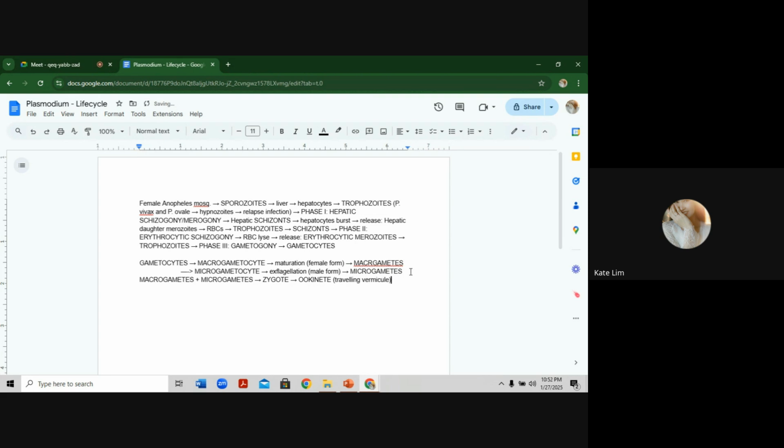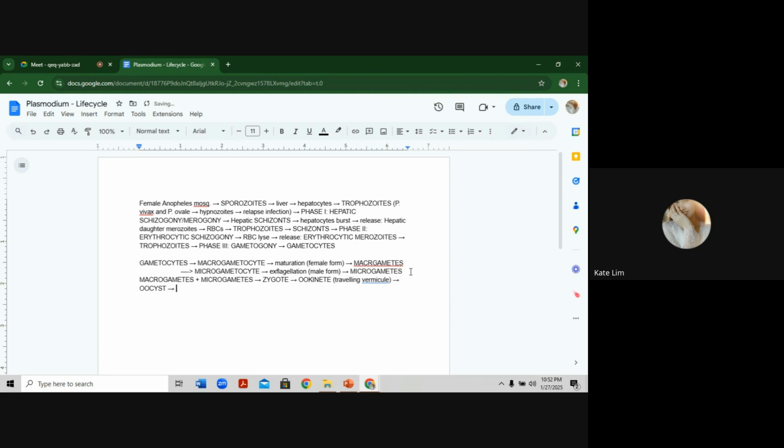So it's like a worm, and it would travel through the mosquito's stomach wall. Once it reaches the outer lining of the mosquito's stomach wall, it would secrete a cystic wall and it would now become the oocyst.